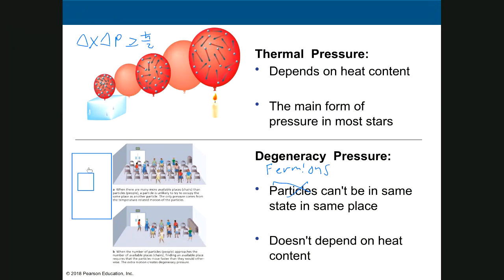And so basically, you can make the square ever smaller, right? You can go to a delta x so low that p implies the velocity is equal to the speed of light.